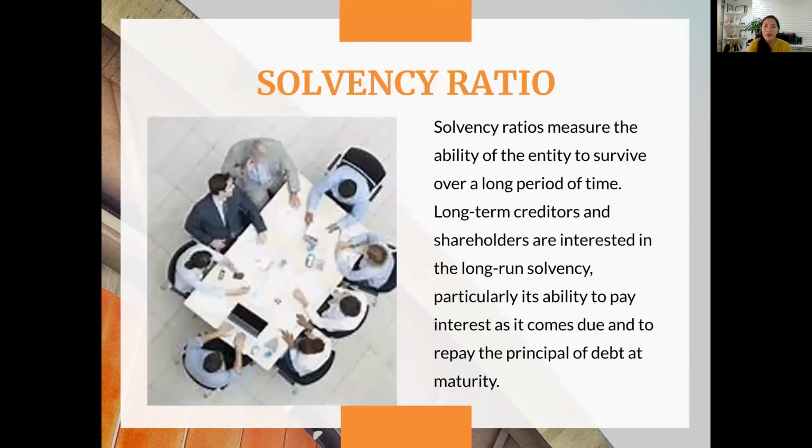Okay. Solvency ratio. I already told you, it's the ability to pay liabilities in the long term. Solvency ratios measure the ability of an entity to survive over a long period of time. Long-term creditors and shareholders are interested in long-run solvency, particularly its ability to pay interest as it comes due and to repay the principal of debt at maturity.